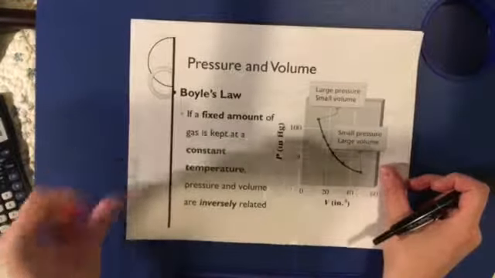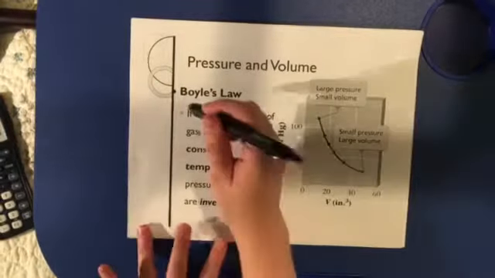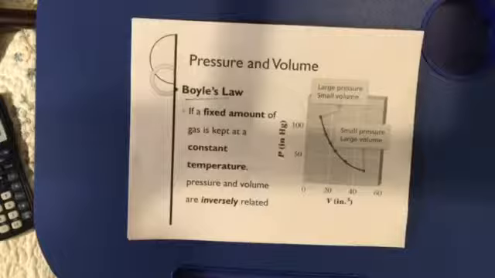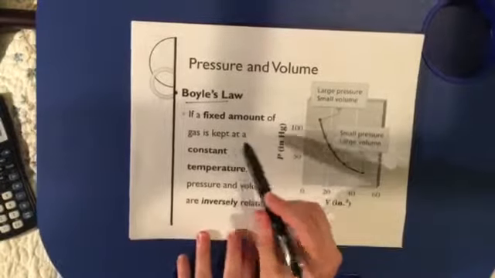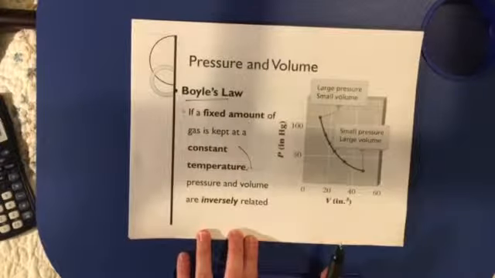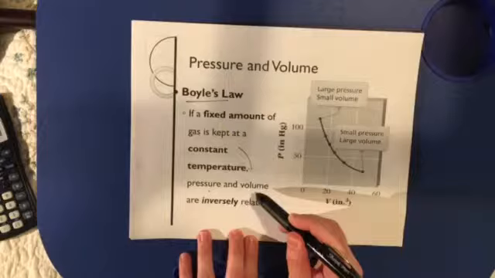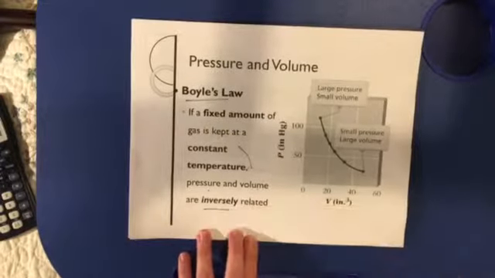So first, the relationship between pressure and volume. The law that describes this is called Boyle's law. If a fixed amount of gas is kept at constant temperature, so we're taking temperature out of the equation by keeping it constant, then pressure and volume are inversely related.